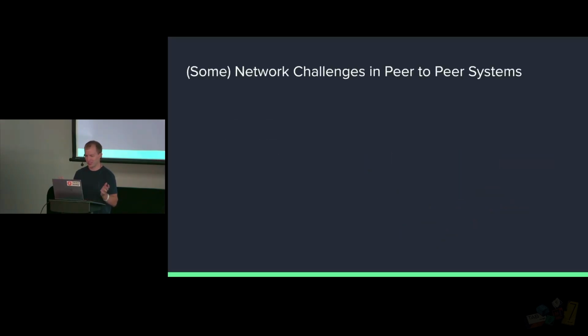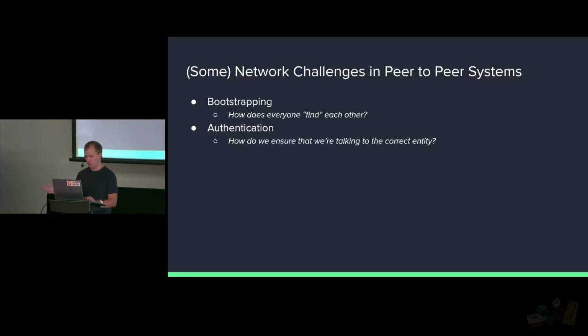So taking a step back from Fedimint, what are a narrow subset of challenges that you might face in peer-to-peer systems that we do face in Fedimint? One would be bootstrapping. How does everyone in that last picture find each other? How do users know how to talk to the guardians? Authentication. How do we ensure that we're talking to the correct entity, that someone's not impersonating a guardian or something?